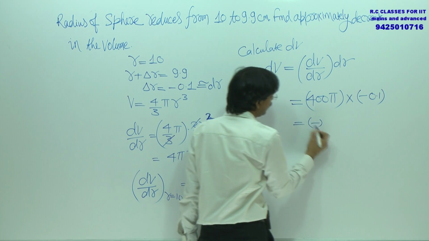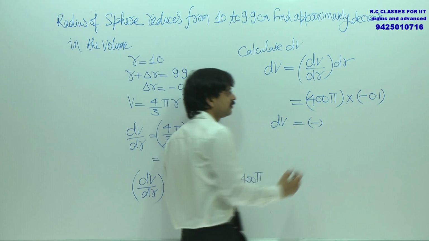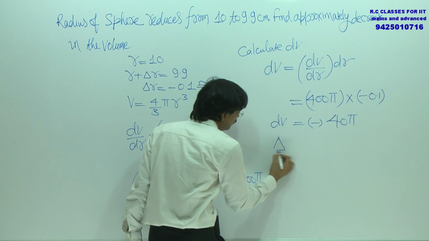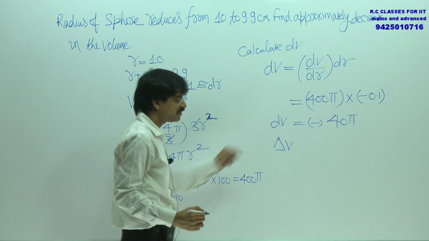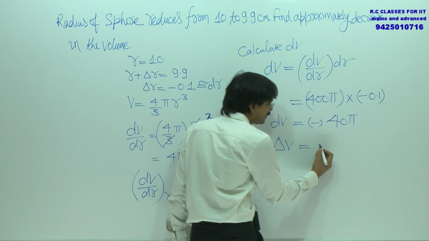So it is negative, minus of 40 pi. The delta V, approximate change in the volume, since it is negative, so it is decreasing. Decrease in the volume is delta V, given as minus of 40 pi.